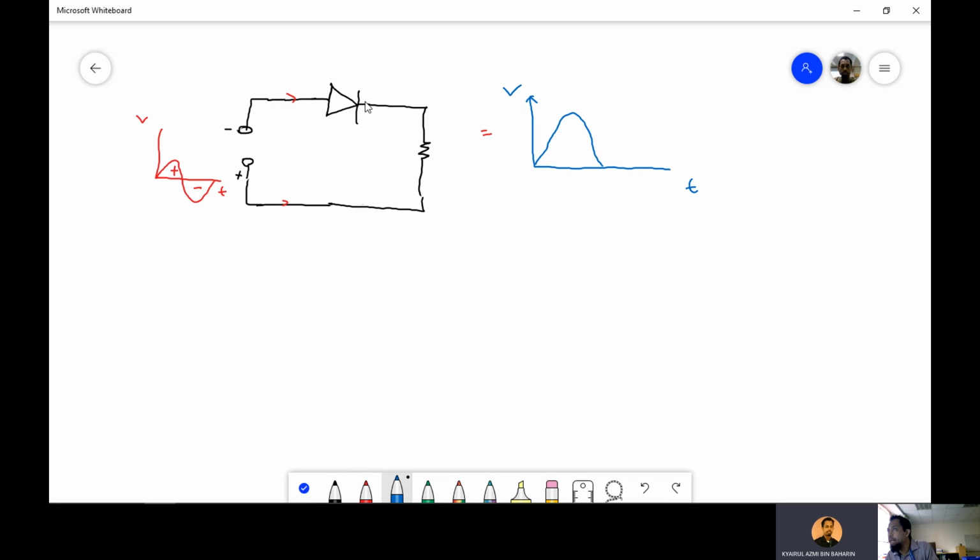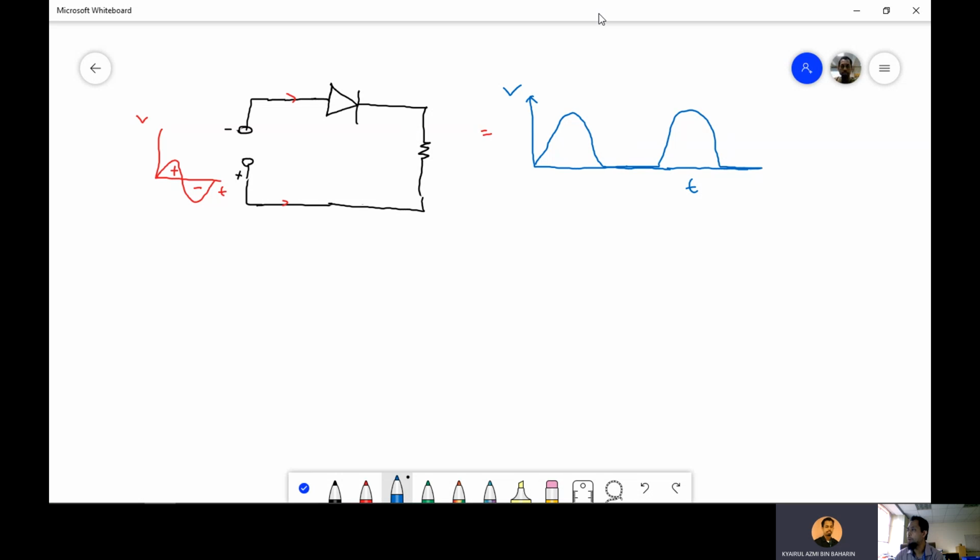Because this is when the current can pass through the diode and the circuit can be functioning. And the negative cycle is going to be 0. And then if we continue to the next cycle, we have the positive again, and then we have 0 again. So we are only going to have the positive cycle filtered by this diode. So that is the principle.